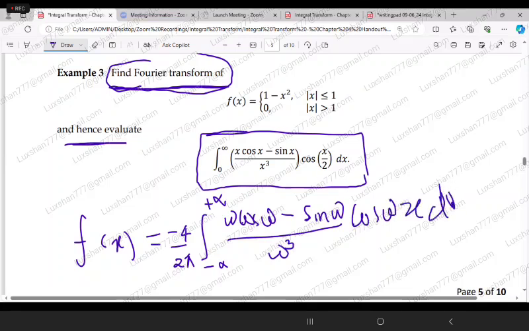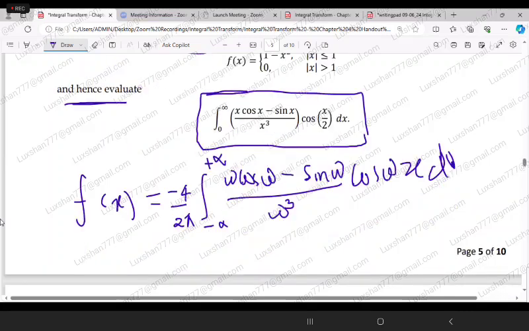This is what I have actually. So what is the suitable value I can put? Look at the limit also. The limit is 0 to infinity.